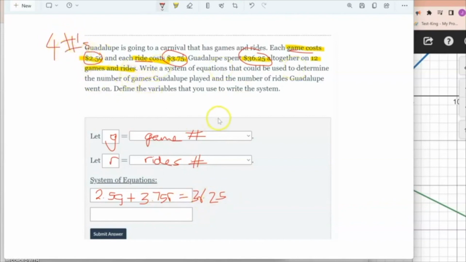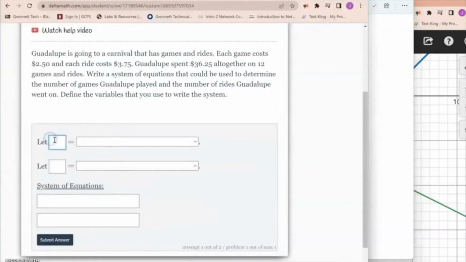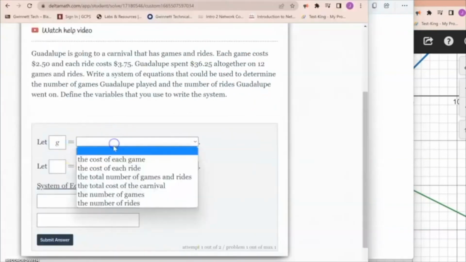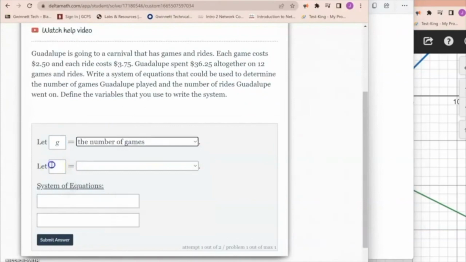And then for the second equation, the last number is always going to be the variables added together. So G plus R is equal to 12. That's it. G equals number of games, R equals number of rides, and then you type in those equations. I'm not going to type them in, but you type them in.